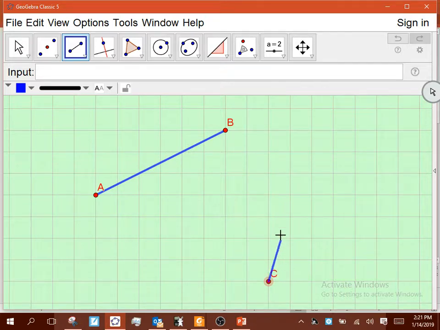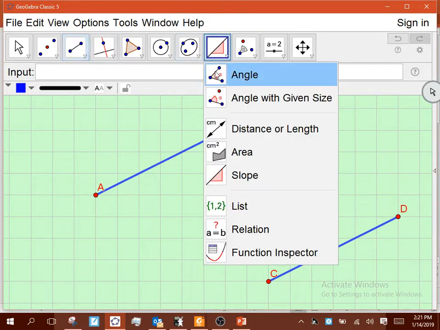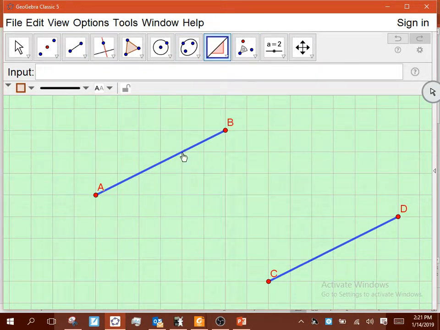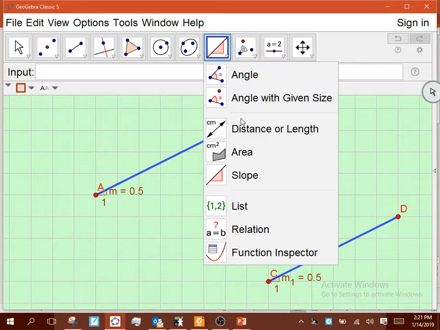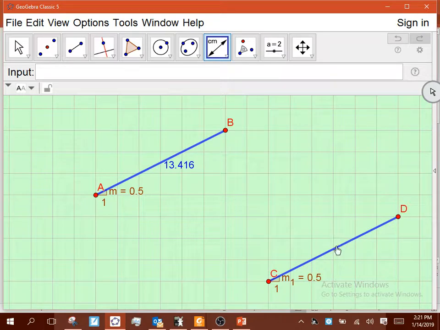If I go up 3 over 6, hopefully I went over 6. 1, 2, 3, yeah. So that gives us both of those to be parallel, right? And would you agree that both of them are congruent?